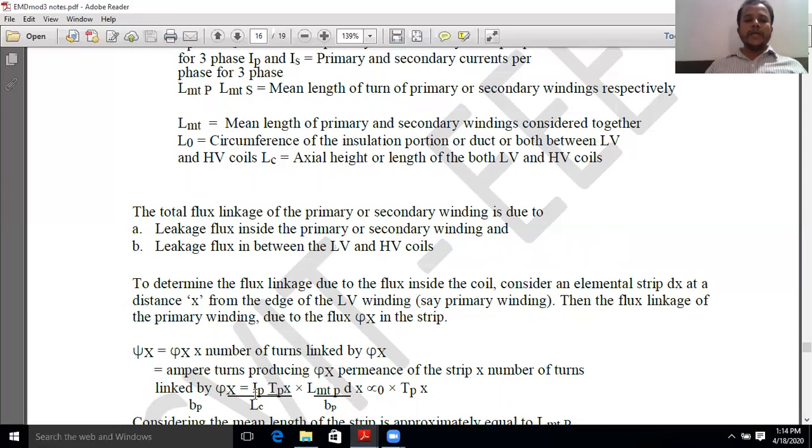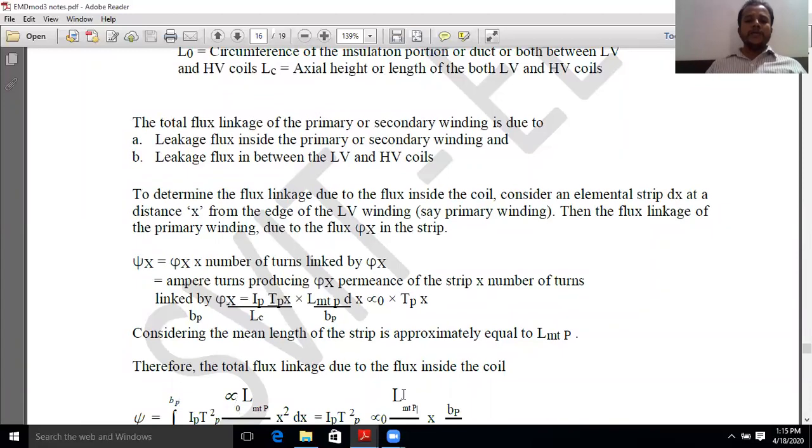So now I will put the values here: IP TP divided by BP, then into LMTP dx divided by BP, and it is mu naught into TP.